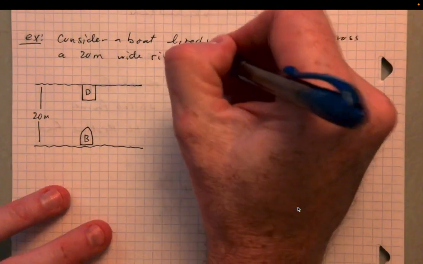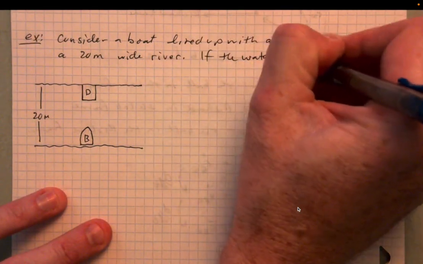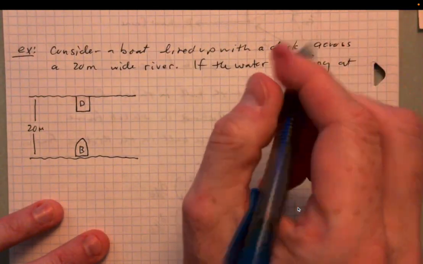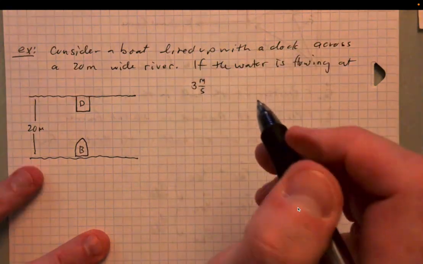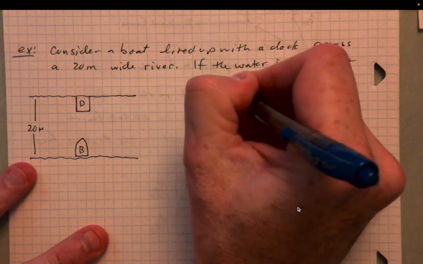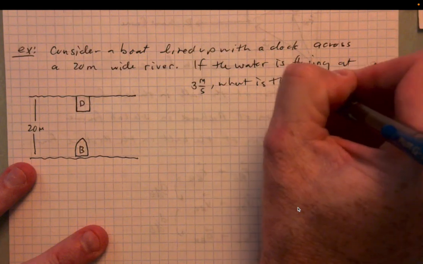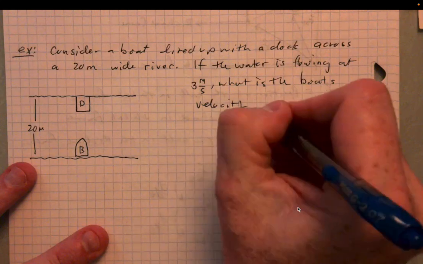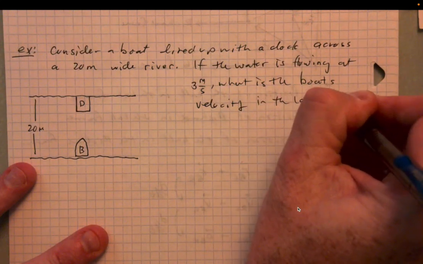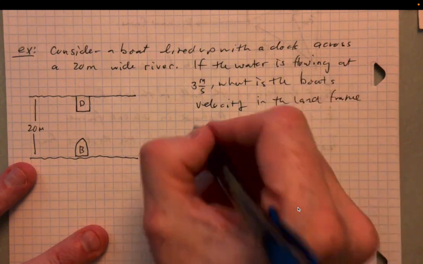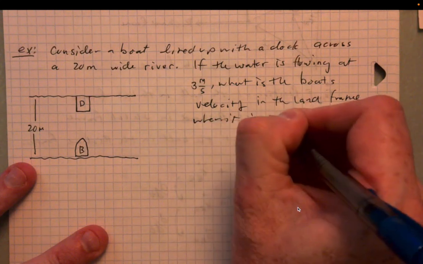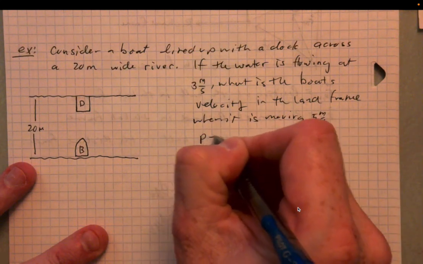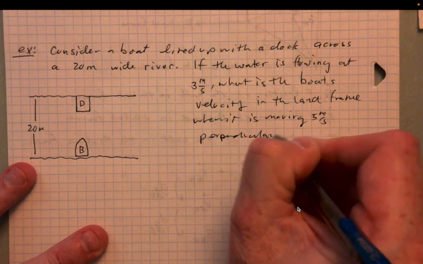So if the water is flowing at 3 meters per second, what is the boat's velocity in the land frame when it is moving 5 meters per second perpendicular to the shore?